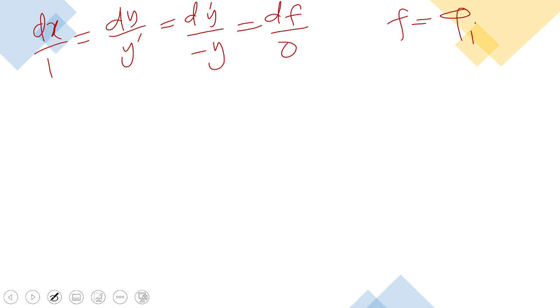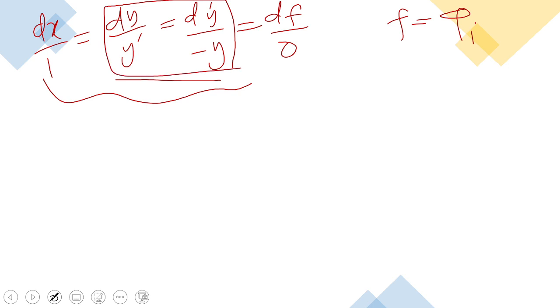In this case, I will get 2 phis because we have two equations. So let's solve this one. Any other combination of these three will give me another one. So I am taking this simple one, so that is solvable already.